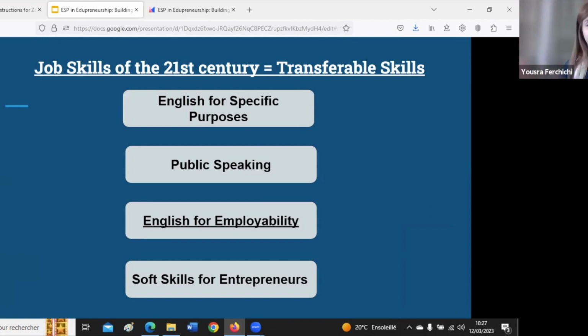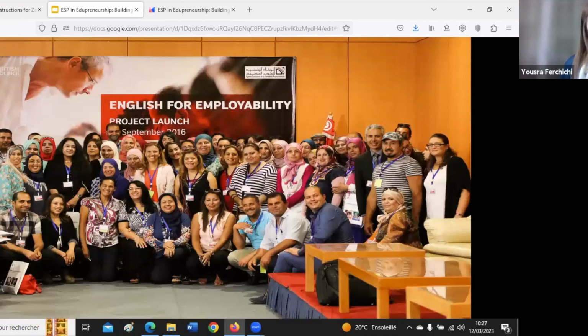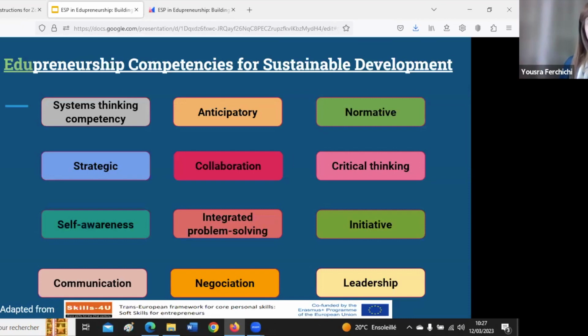How can we take those skills from the classroom to the labor market for entrepreneurship? So ESP, we use it in public speaking, and we can talk about English for employability. Here is an example where English for employability was launched as a project with the British Council in Tunisia. And the list of skills you can see on the screen, they're all included.